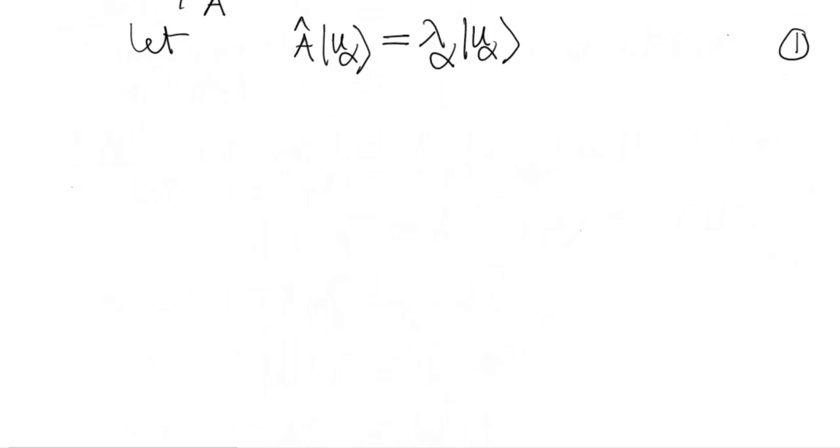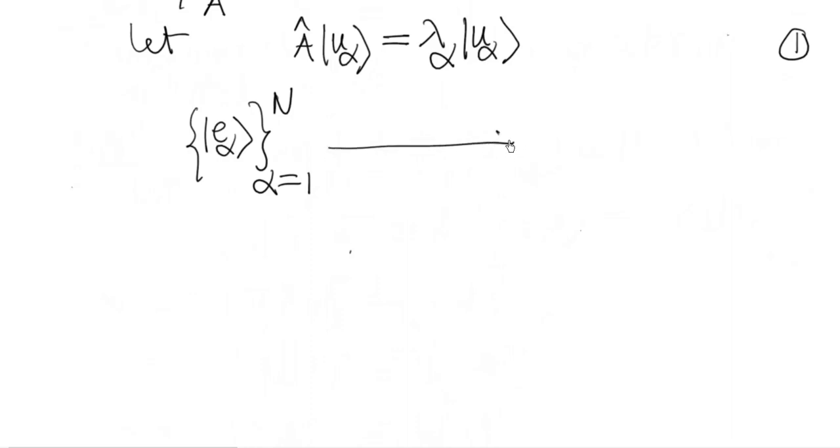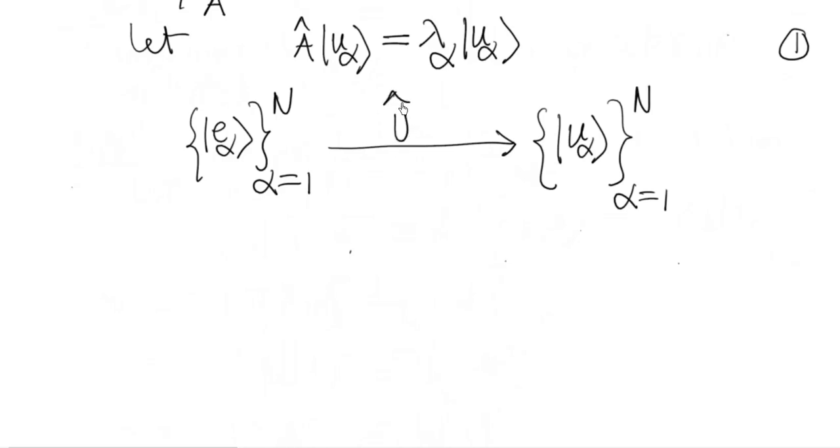Now let us consider the unitary operator U, which transforms the basis vector set ket E alpha. Let us suppose this basis vector set becomes a new basis vector set ket U alpha by the unitary transformation.